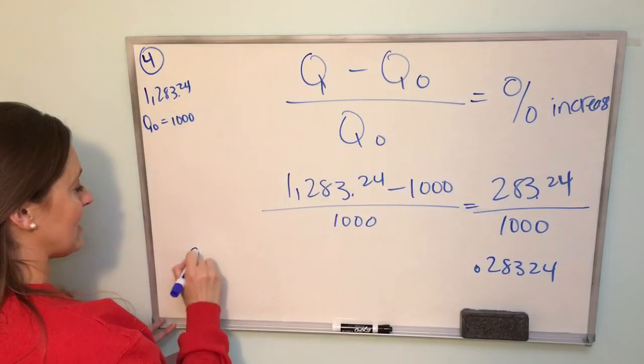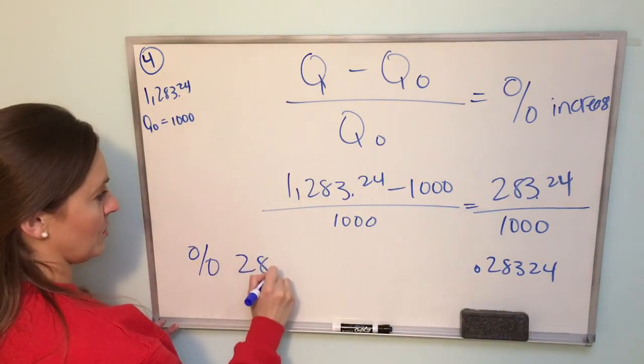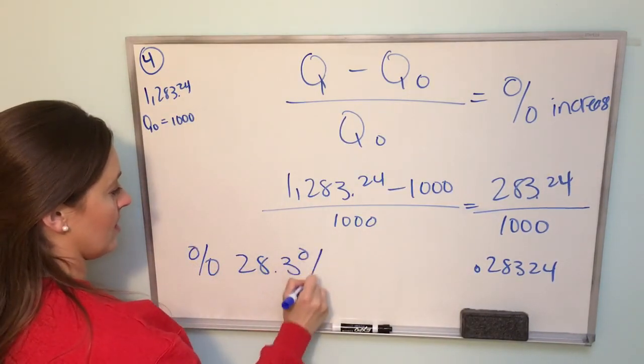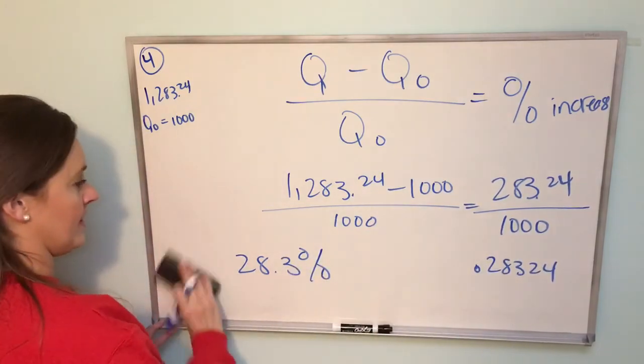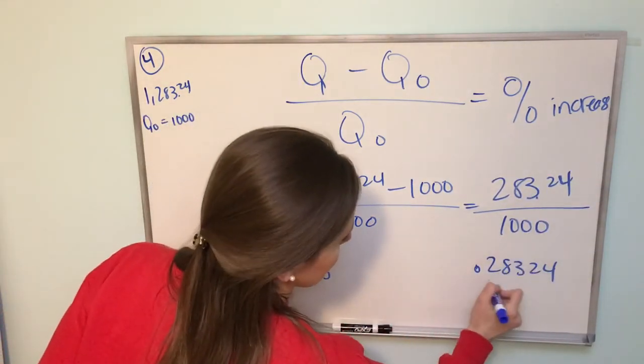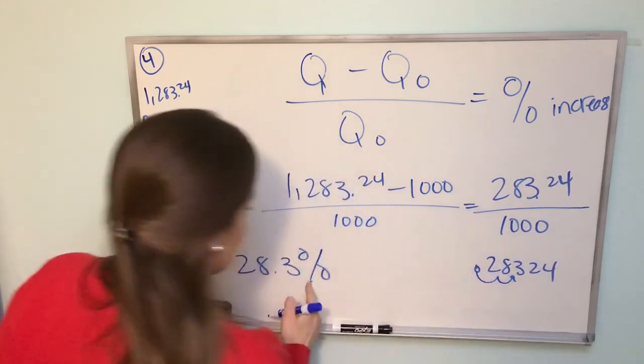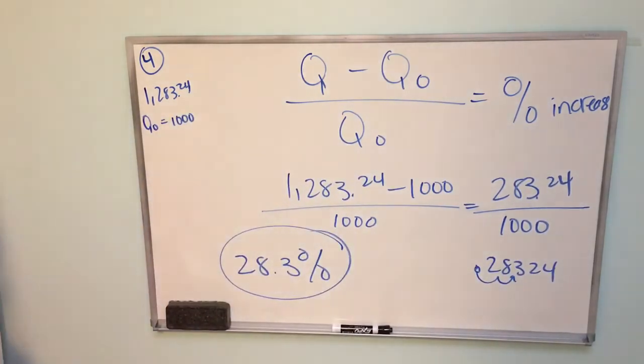So the percent change is 28.3%. Remember, I divided by 1,000, and then I just had to move it back over because we were trying to get it to a percent. Hopefully that made sense to you. If not, feel free to reach out to me and I can try to explain that a little better.